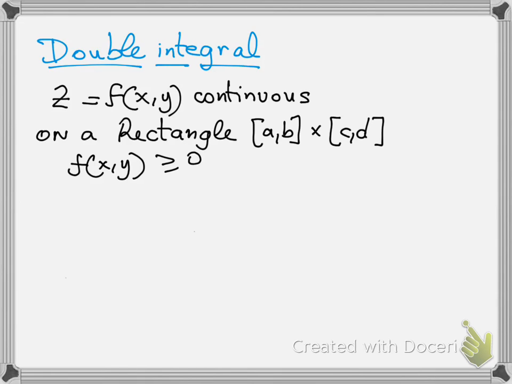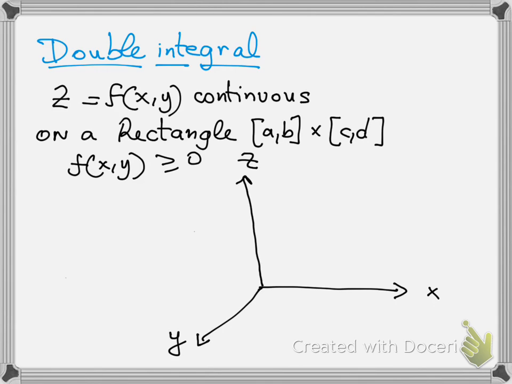Okay, so basically we have the following picture here. So this is the x-axis, this is your y-axis, and then of course this is your z here. And so we have a rectangle [a, b] cross [c, d].